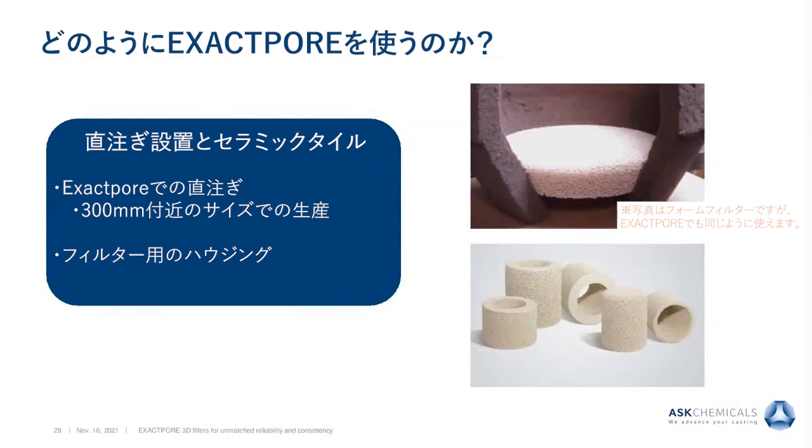When reviewing direct pour applications and ceramic tile applications with EXACTPORE filters, we can see the top right picture is an excellent example of a filter being used for direct pour. The filter is a traditional foam filter, but an EXACTPORE filter can be implemented similarly.